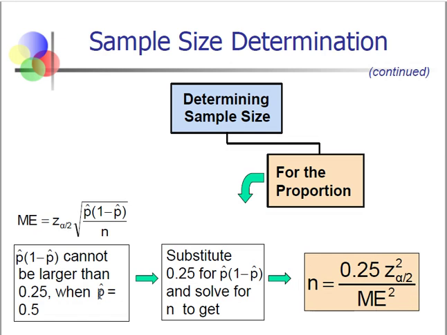Now we have put 0.25 here because it is what maximizes this equation.